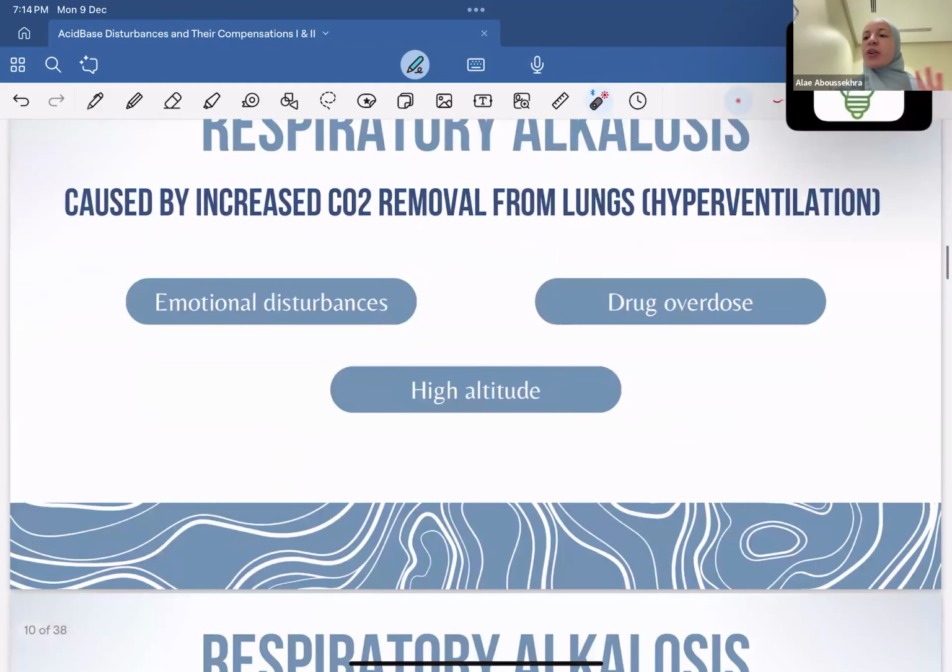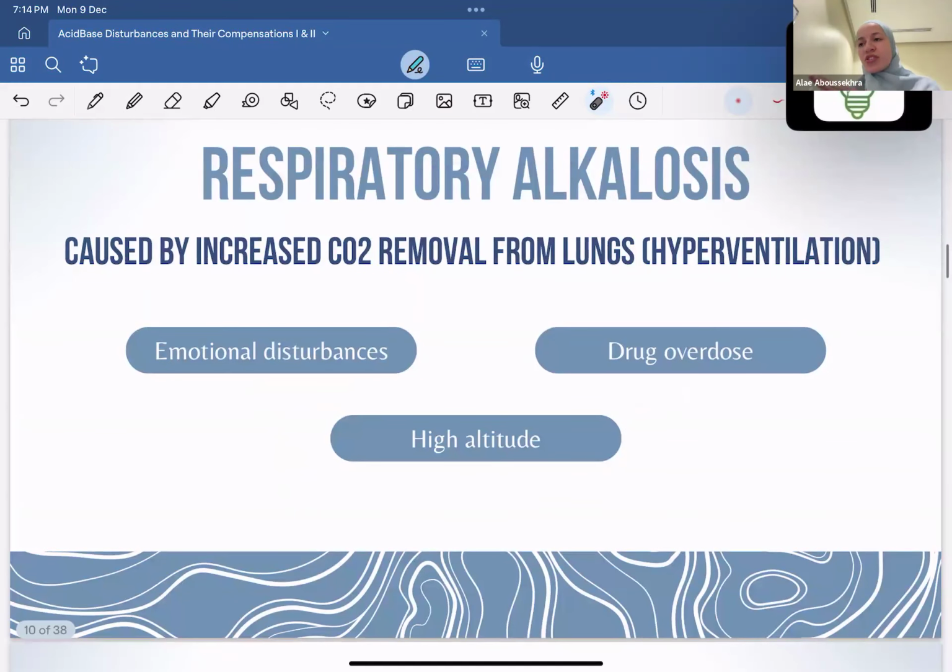Let's go to respiratory alkalosis. So this one is just the complete opposite. It's caused by an increase of CO2 removal from the lungs. So basically, you're taking out a lot of CO2 from the lungs, and you don't have enough in your body. So this is caused in conditions where you have hyperventilation. So you're breathing out so much CO2.